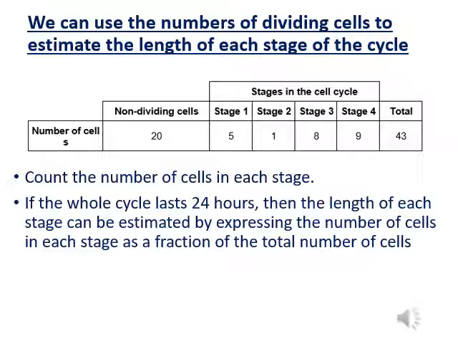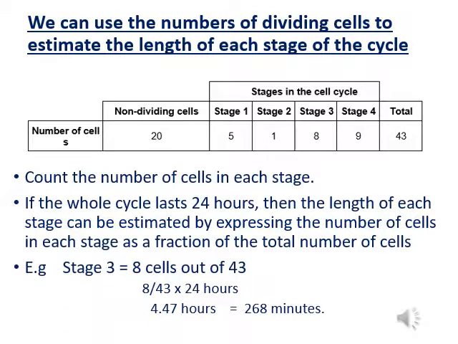So for example, we know that in stage 3 there are 8 cells, and this is 8 cells out of a total of 43 cells. So if we work this out as a fraction, so 8 over 43, and then times it by the amount of time for the whole cycle, which is 24 hours, we can work out how many hours a cell will spend in stage 3.